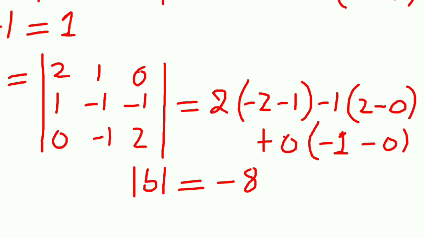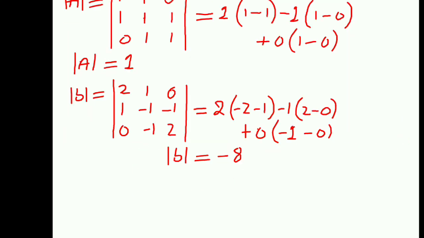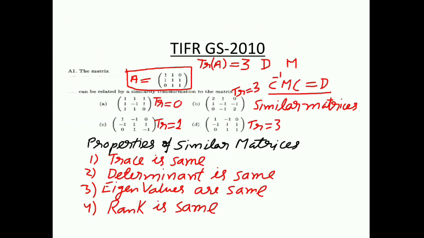So we are left with just matrix D, and of course we know that this is the only option left, so it is the final answer. But let's check again whether its determinant is equal to the determinant of A or not.